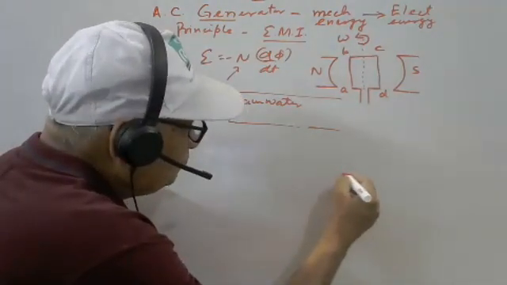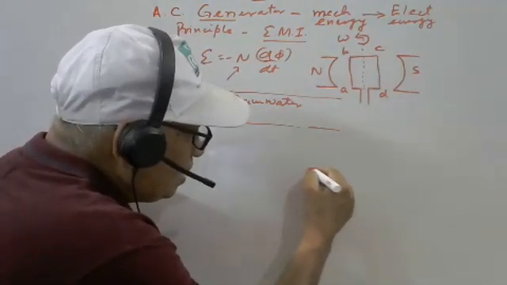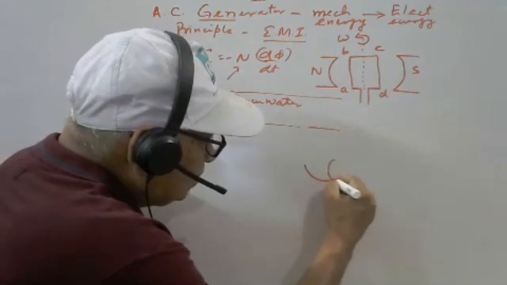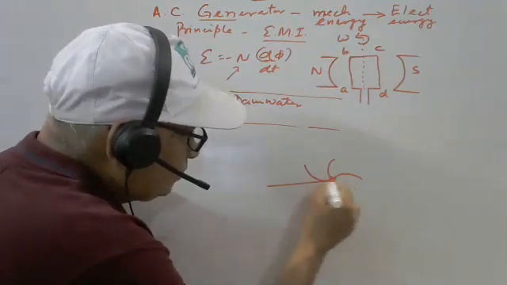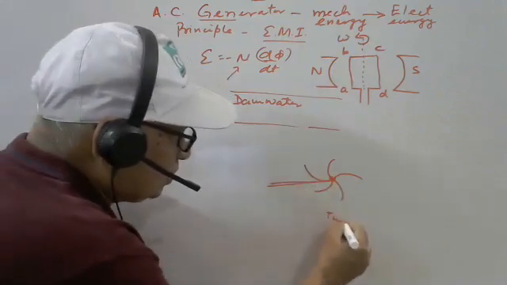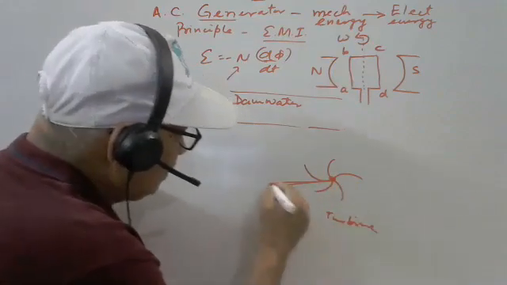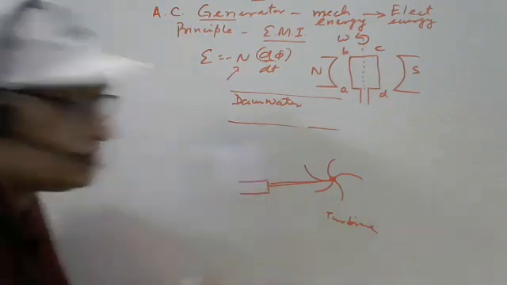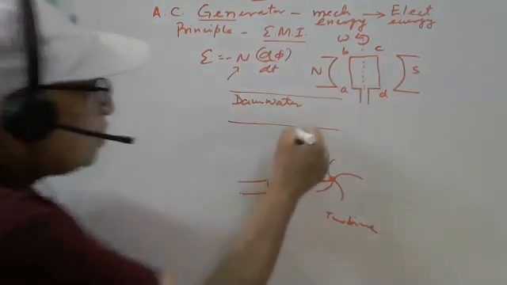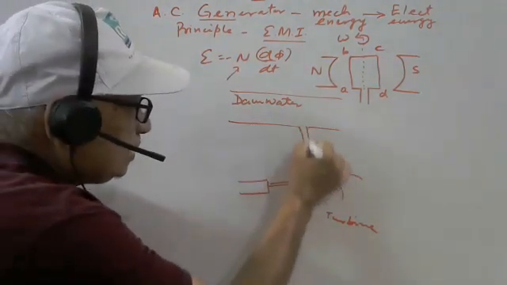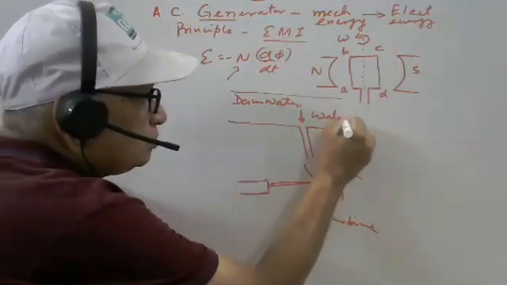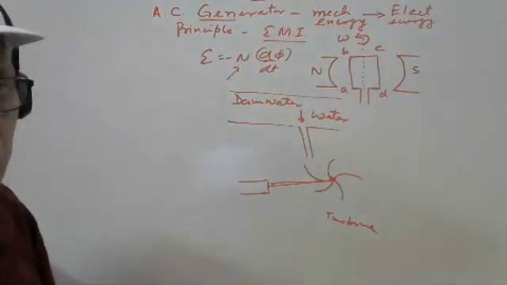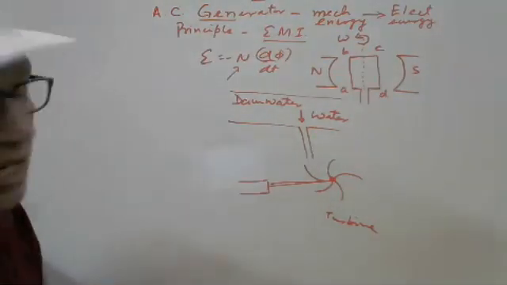There is a shaft here which is connected to the turbine and to the armature of this generator. Suppose by gate control, water is falling down on the turbine from a great height.